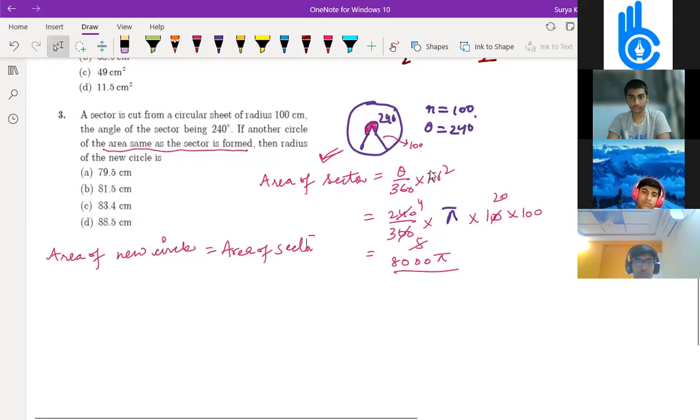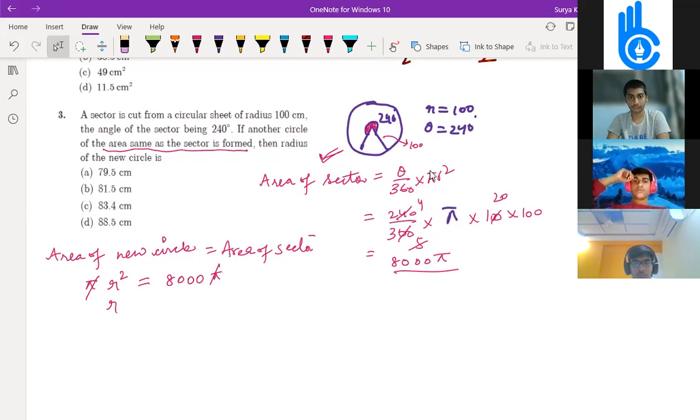Area of new circle is pi r square, so we have to find r. r square is equal to the area of sector, 8000 pi. So pi gets cancelled, and r is equal to root of 8000. So what is root of 8000? 81.5.